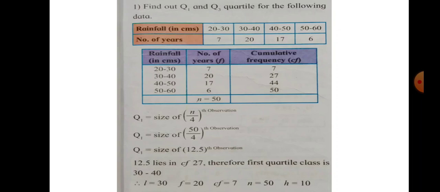How to find the cumulative frequency? It's very easy. First 7 as it is, 7 plus 20 is 27, 27 plus 17 is 44, 44 plus 6 is 50. So small n stands for total frequency, so n is equal to 50.